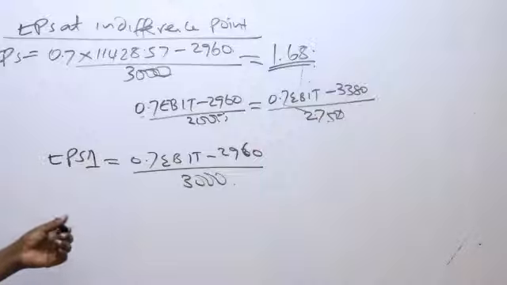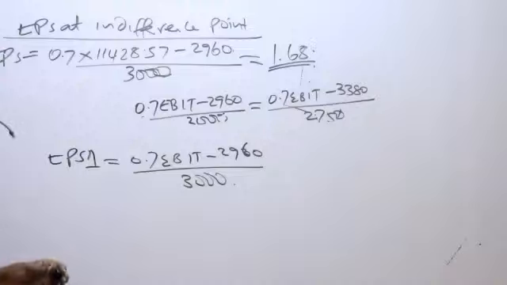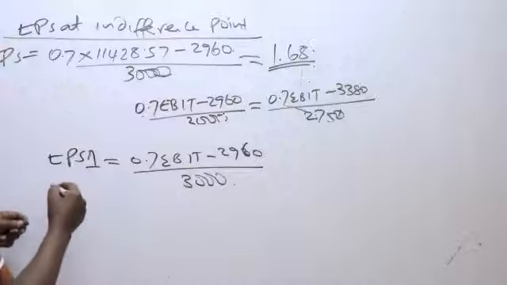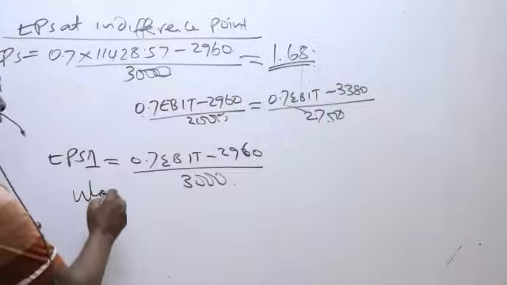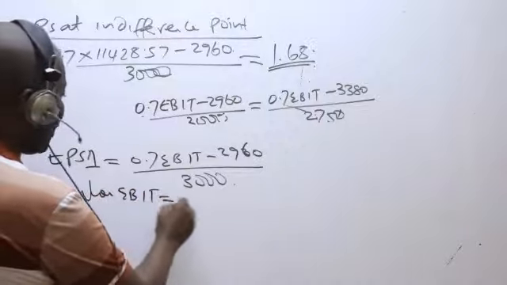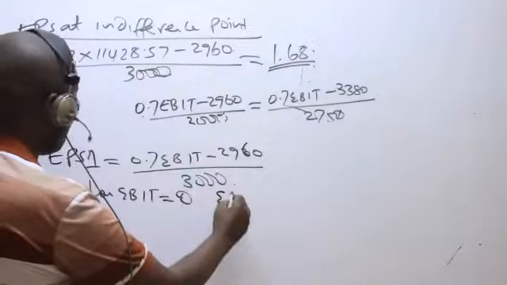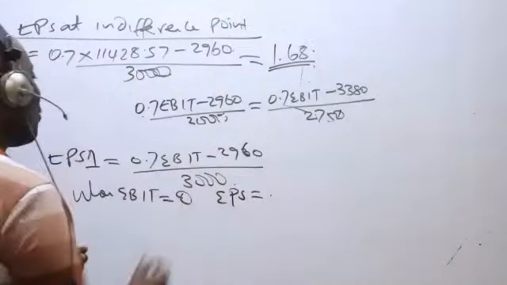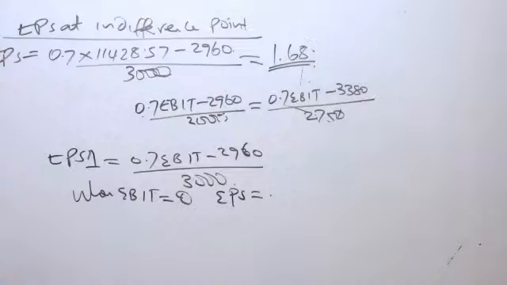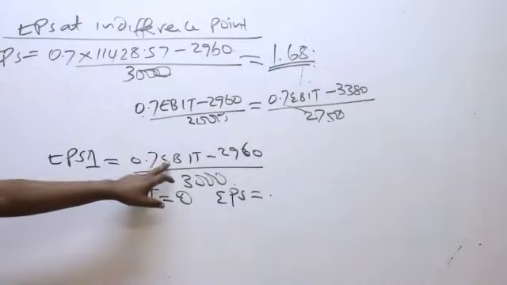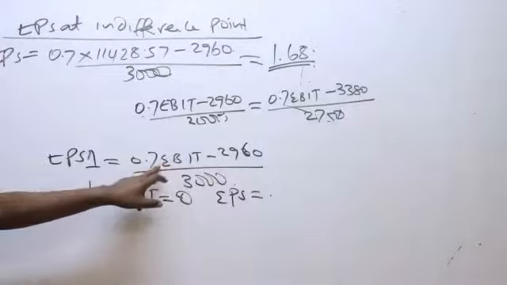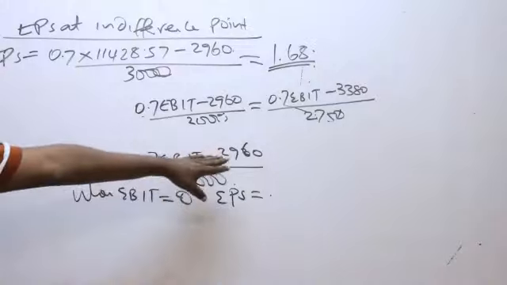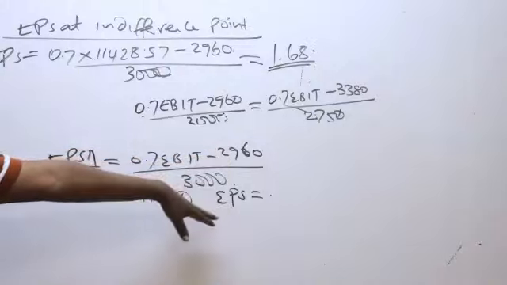2 points. Now, you'll start right away by asking yourself, when EBIT is 0, what will be the value of EPS? Could you kindly try to substitute here? When EBIT is 0, this will be 0 minus 2960 all over 3,000.